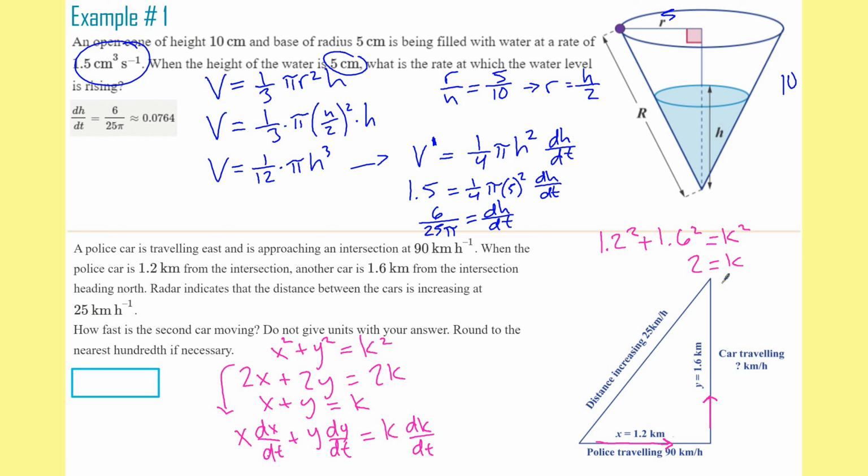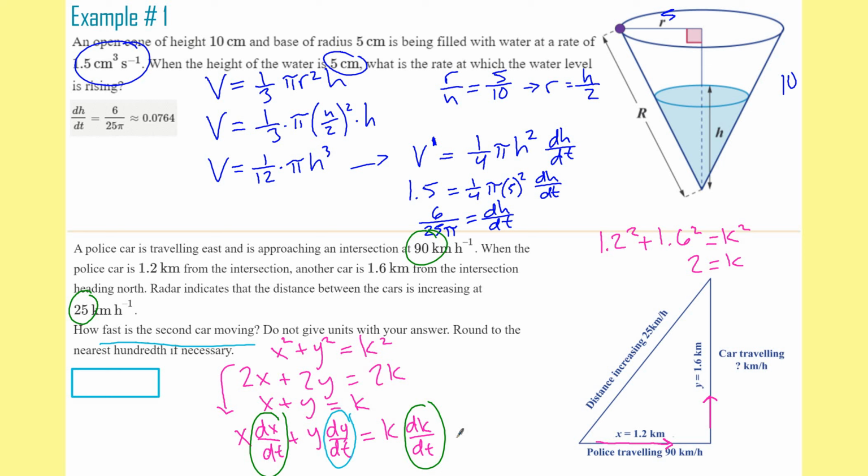Okay, now it told you the speeds of the police car and the other car, or the distance between them, is increasing. So what I mean by that is that this 25 and this 90 are going to replace the change, the rate. And what we're looking for, how fast is the second car moving, we're looking for that rate of change.